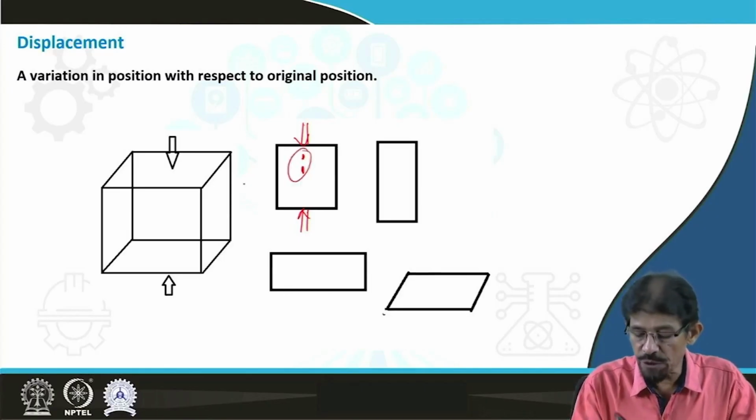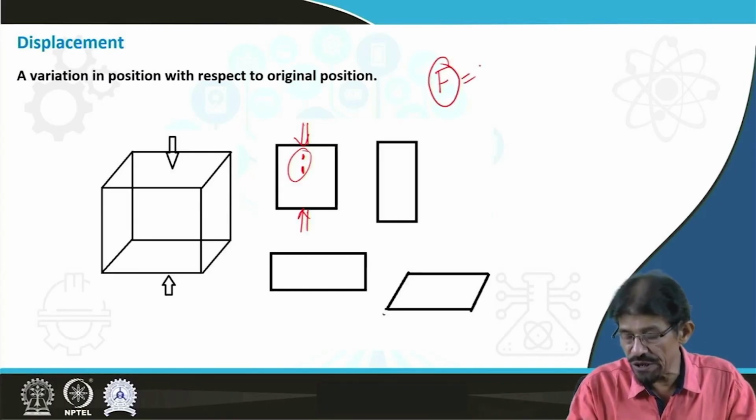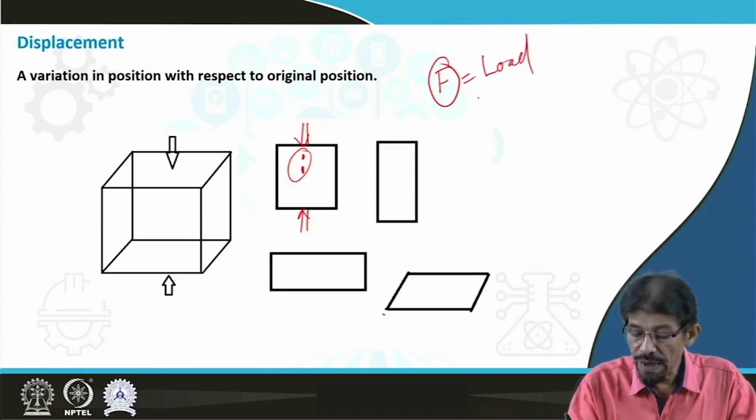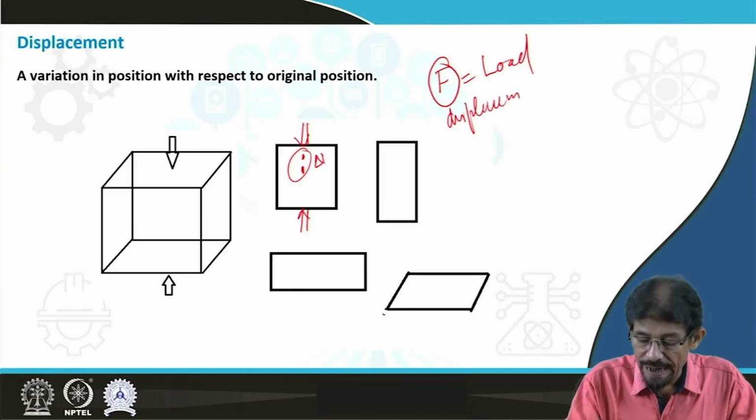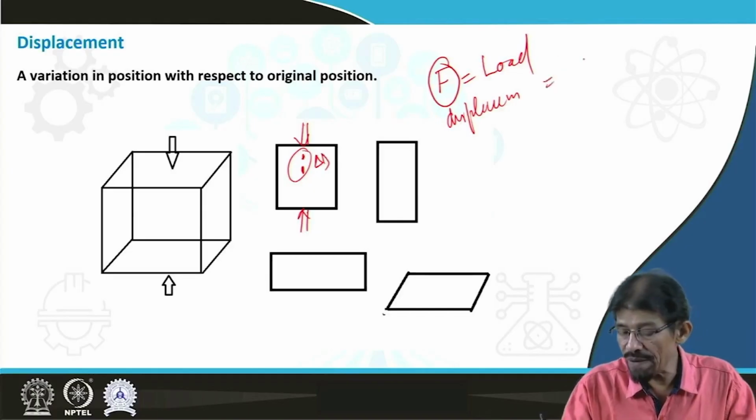So displacement occurs at a particular intensity of stress, in engineering recognized as load. This force results in the displacement delta D.